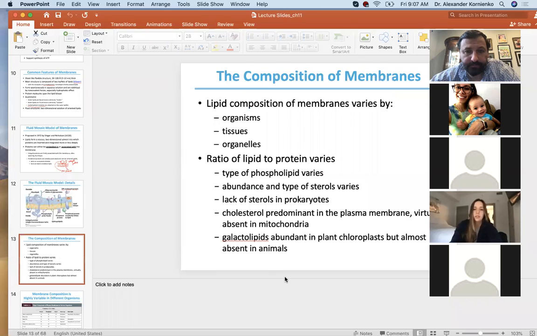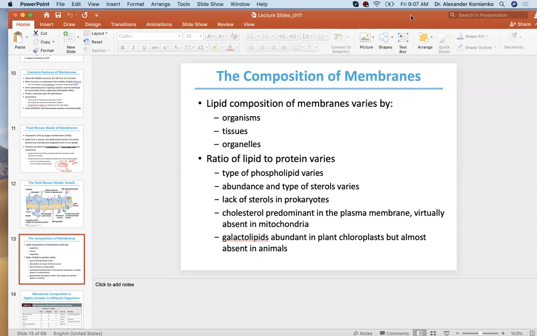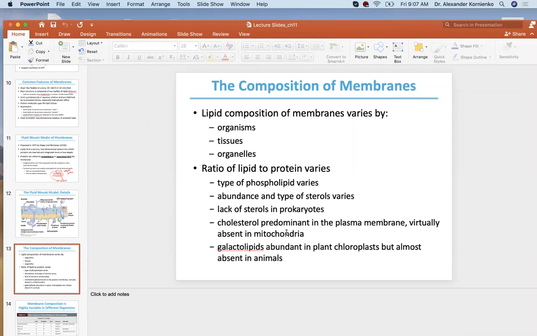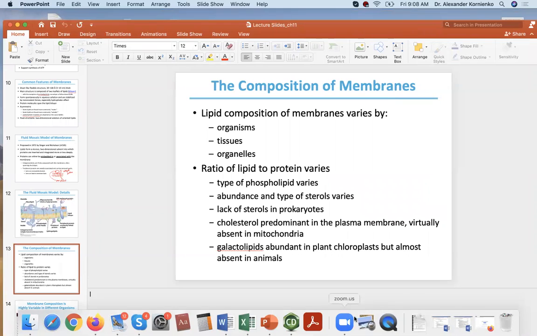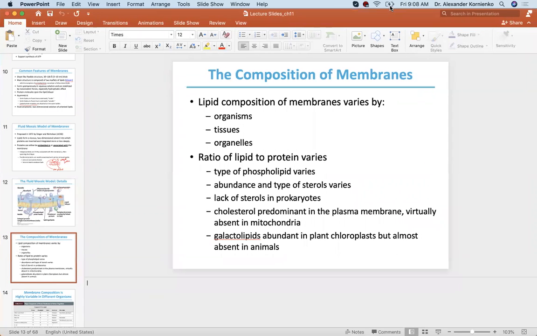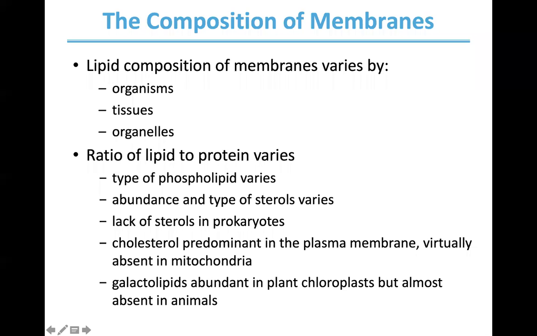All right, so composition. We talked more about that, and we're going to be talking about this for quite a bit today and on Monday. Composition of cell membranes. Obviously the lipid composition.